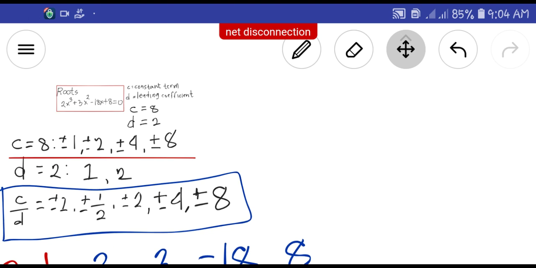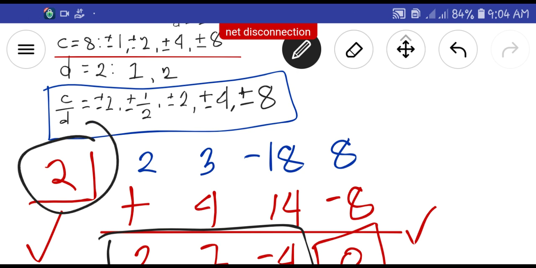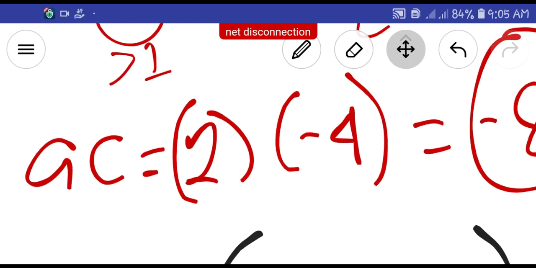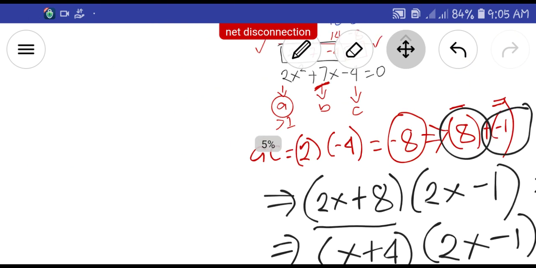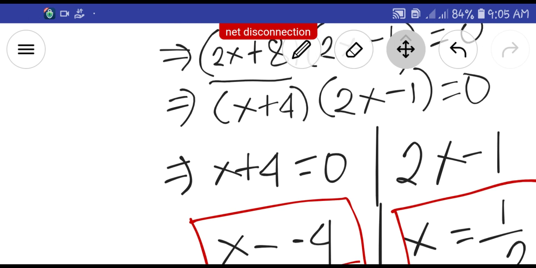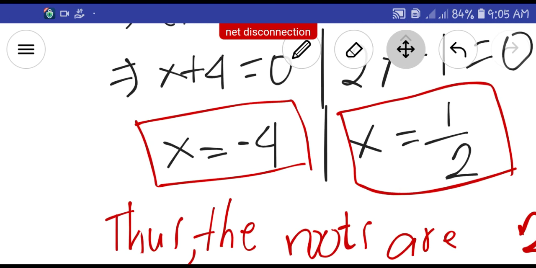Alright, so the first root was, this is the first root. The other one is this one. Alright, and this one.